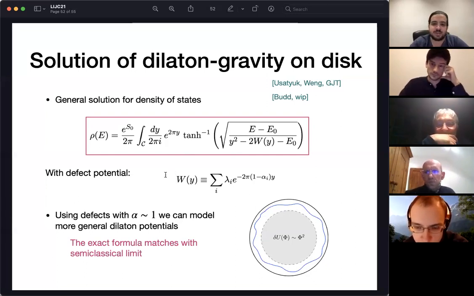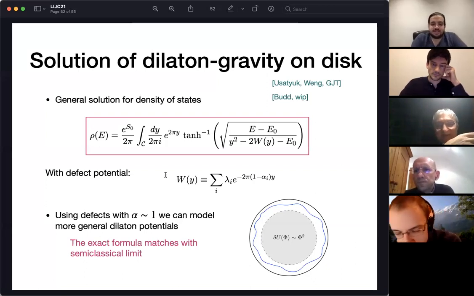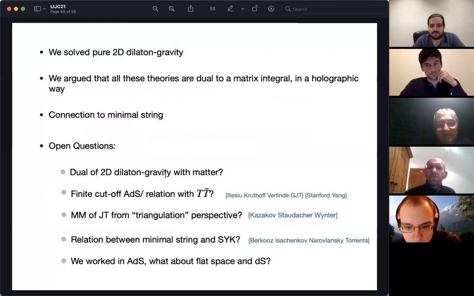So maybe I should have drawn a picture, but at least you get an idea. It should be hidden somewhere in this formula, this answer, yes? Why I'm interested in it, just to explain to those who are listening to us: in this paper, in the resolved questions, we solved this kind of model directly, that you have a flat surface with a few defects, sort of positive curvature defects, and we know what is the continuous limit of this surface.